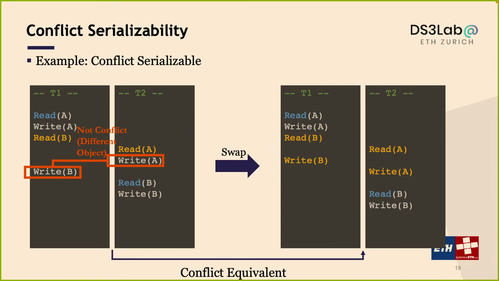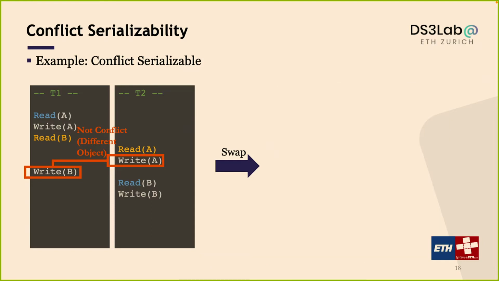These two operators do not conflict with each other because they are writing to different locations. One is write B, another is write A. So there's no conflict between these two writes to different locations. Make sense? You can swap them because one is writing to B and another is writing to A. The order doesn't matter because you are going to get the same thing in the end.